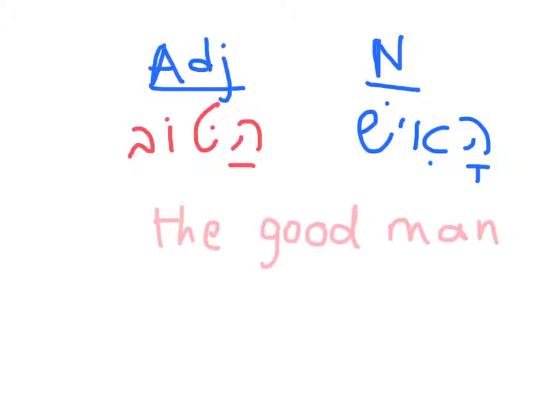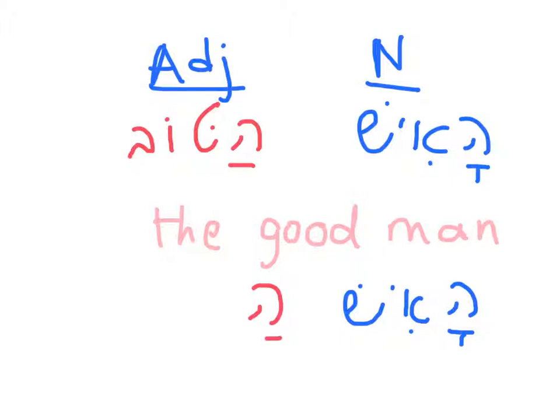Where do I expect my participle that's functioning as an adjective to appear in this formula? So similarly, I'm going to have some sort of noun. So take the same noun, ha'ish, and then I'm going to add a participle where my adjective is. Similar to a regular adjective, it's going to have to agree in definiteness.